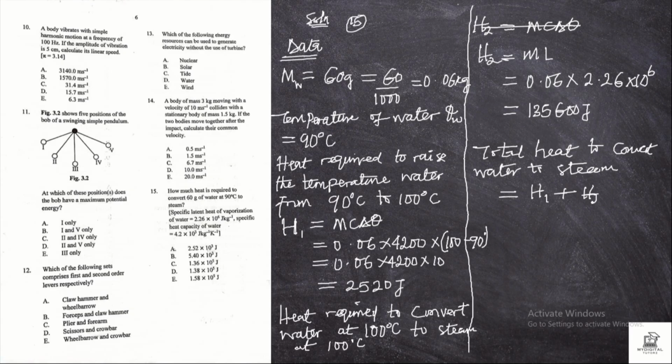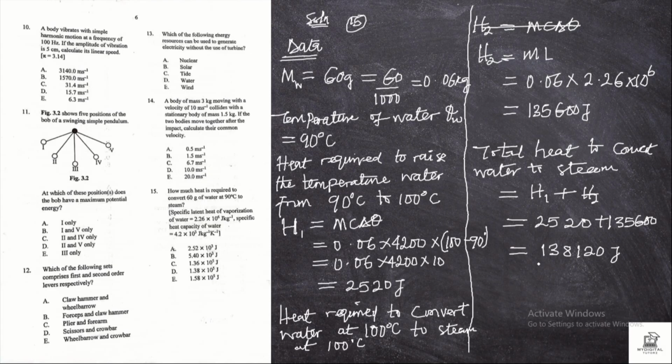That will be equal to what? What is our H1? H1 is 2,520 joules plus H2, which is 135,600. When you add this together, that should give us 138,120 joules.